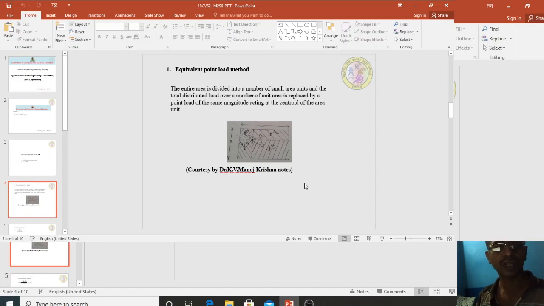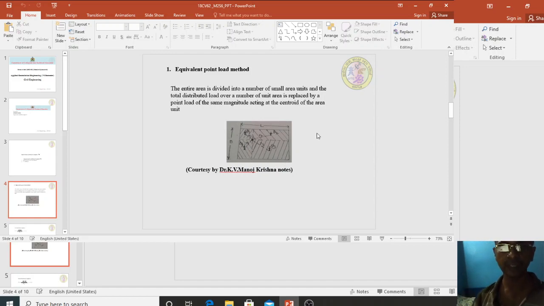Okay, so now I will tell you once again: the entire area is divided into a number of small area units. You can see small area unit 1, unit 2, unit 3, unit 4.